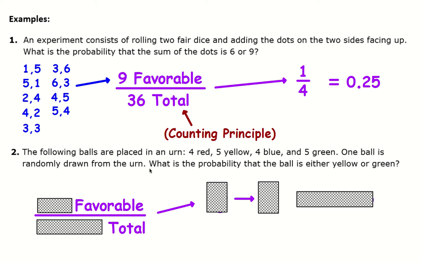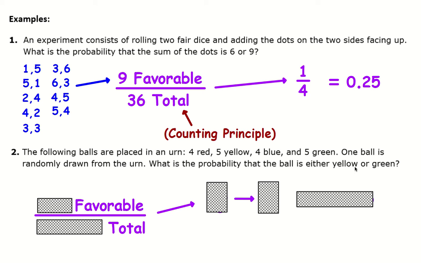The following balls are placed in an urn, because that's what you put in an urn, colored balls of some kind. There's 4 red, 5 yellow, 4 blue, and 5 green. Amazing. 1 ball is randomly drawn from the urn, as one does. What is the probability that the ball is either yellow or green?